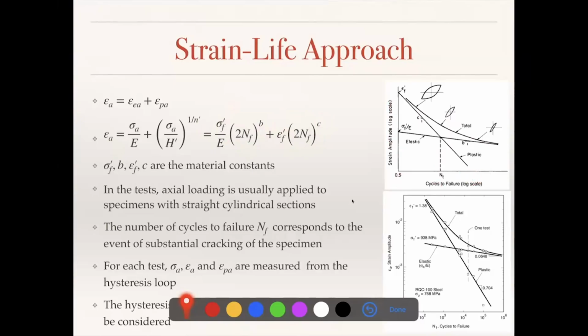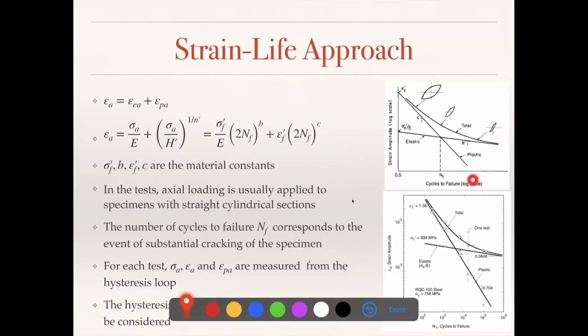The elastic part will be sigma f dash by E, and the plastic part is given by this line. This is a log plot, and the total is given by this curve. Here there is a large strain amplitude because the strain amplitude is higher and hence life will be smaller. If the strain amplitude is smaller, the life will be larger.